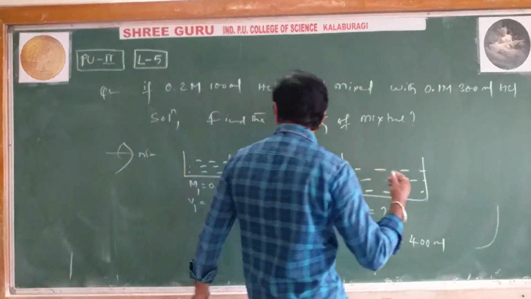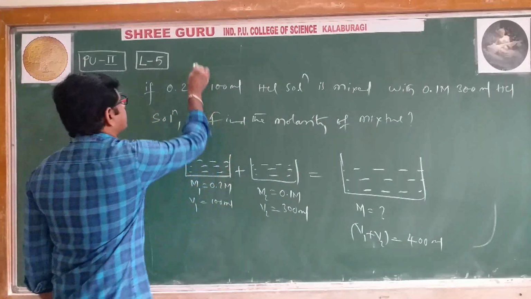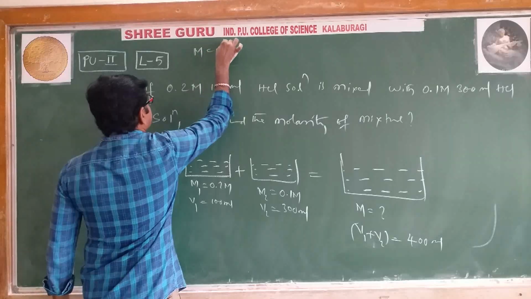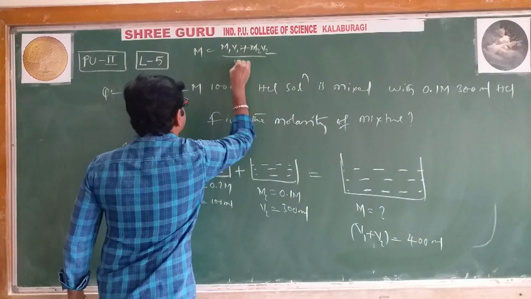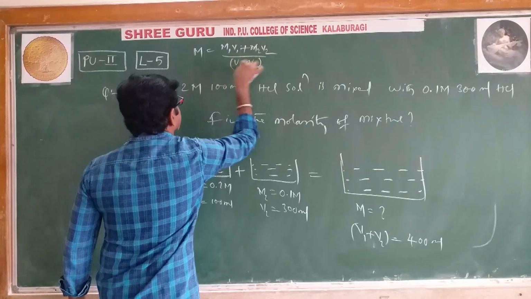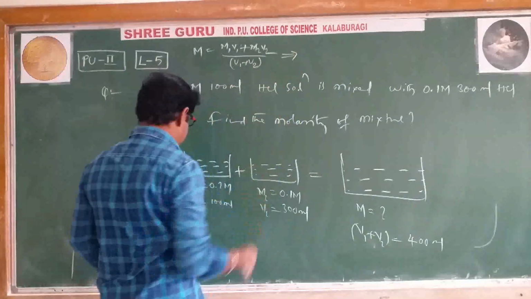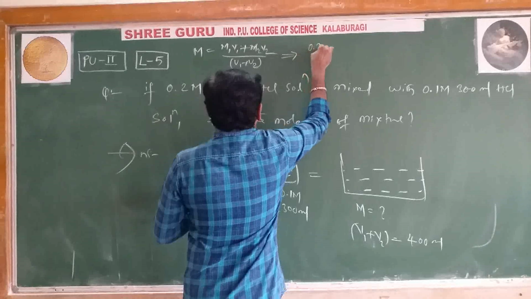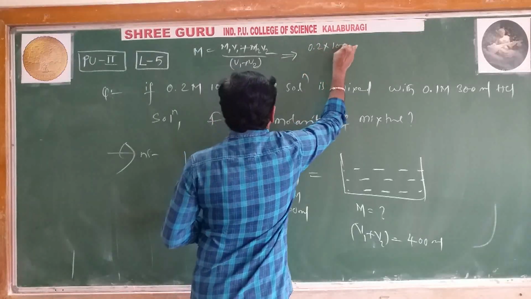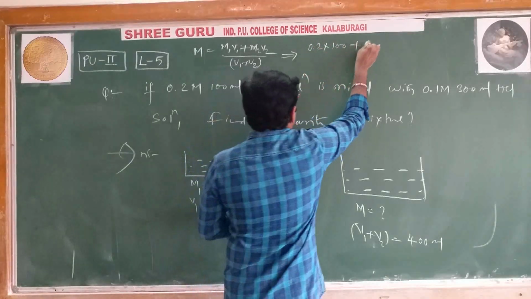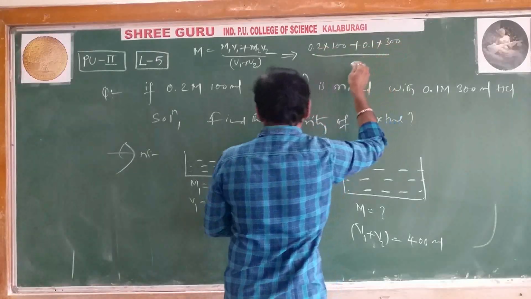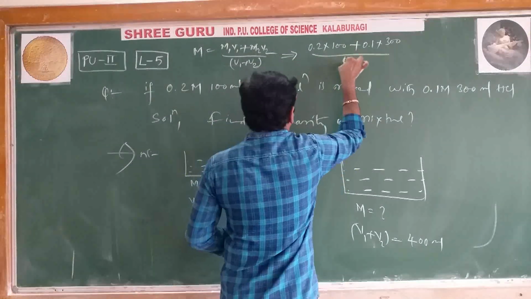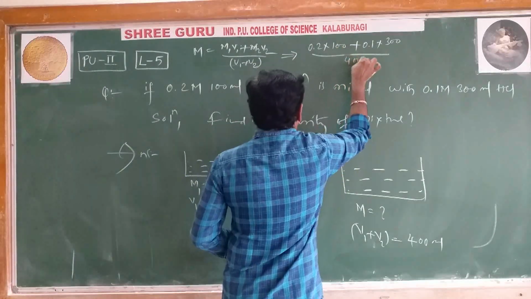Therefore, we'll calculate molarity equal to M1 V1 plus M2 V2 divided by V1 plus V2. We'll just substitute the values: 0.2 into V1 which is 100, plus M2 0.1 into 300, divided by V1 plus V2 which is 400.